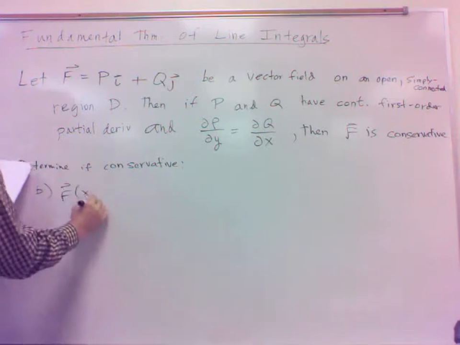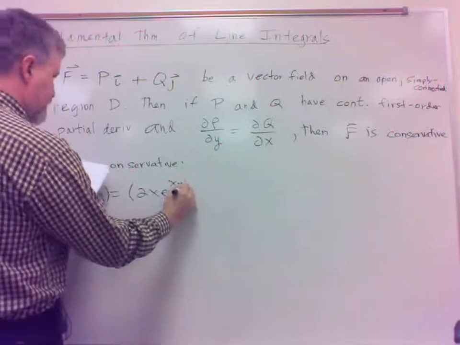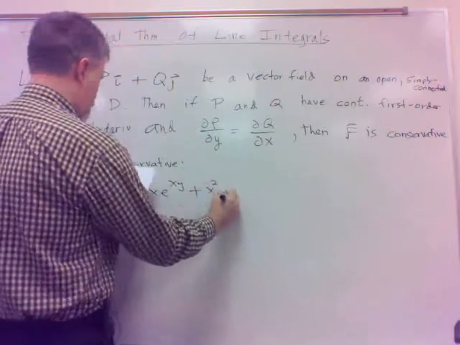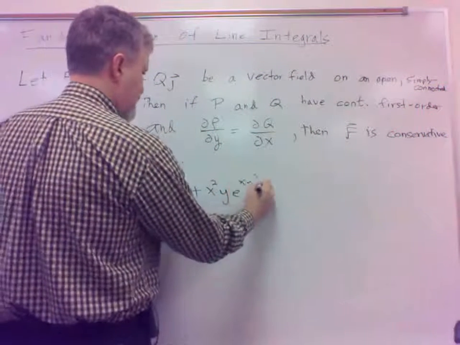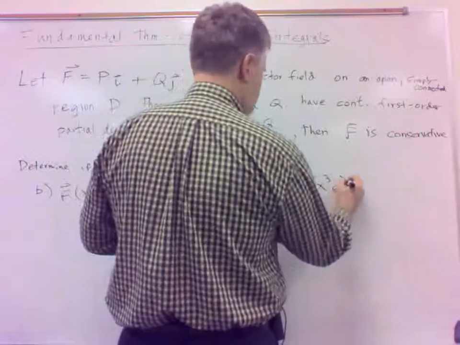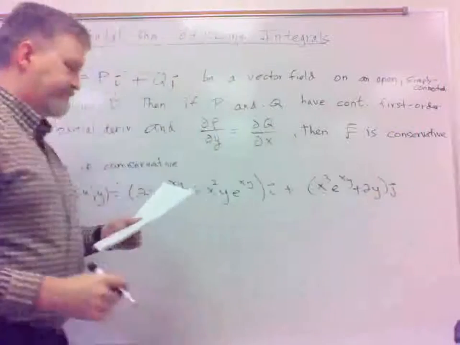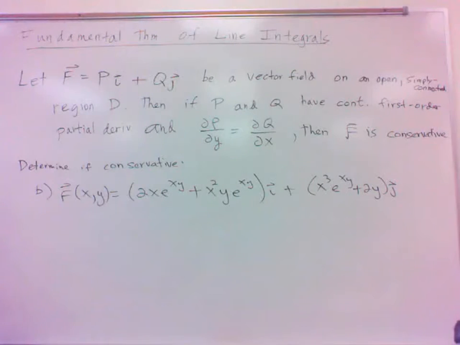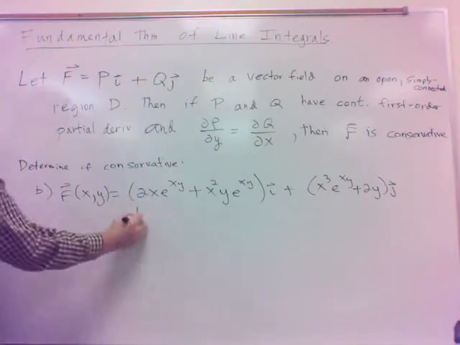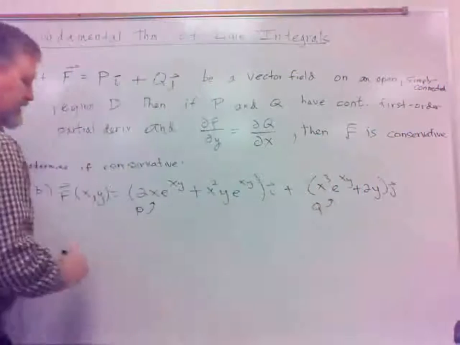Here's the second one. The vector field F equals 2x e to the xy plus x squared y e to the xy i plus x cubed e to the xy plus 2y j. So this is our P, this is our Q. And so what do we need?